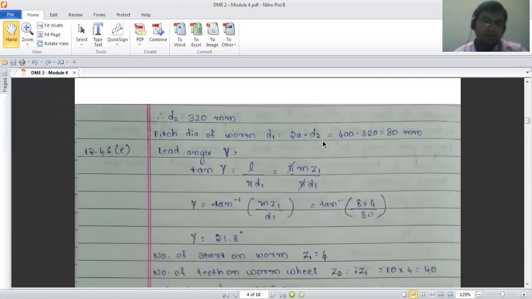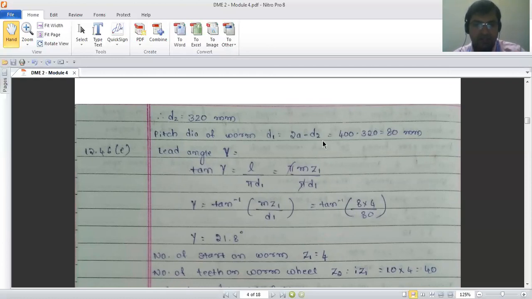So now from equation 12.46e, the lead angle can be calculated as tan gamma is equal to L by pi d1. L will be replaced by pi m z1. So the pi gets cancelled, and you know all the parameters: module, z1, d1.